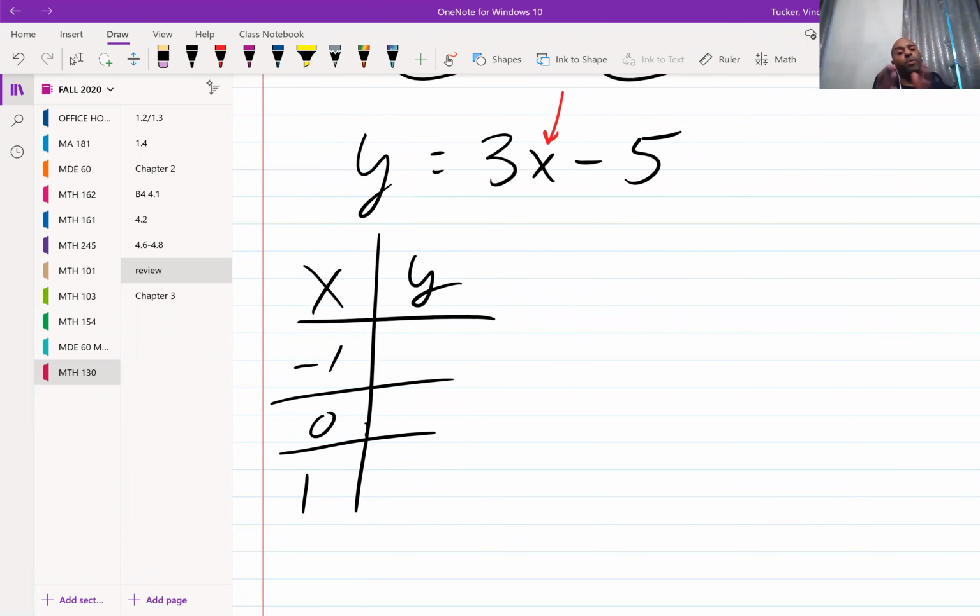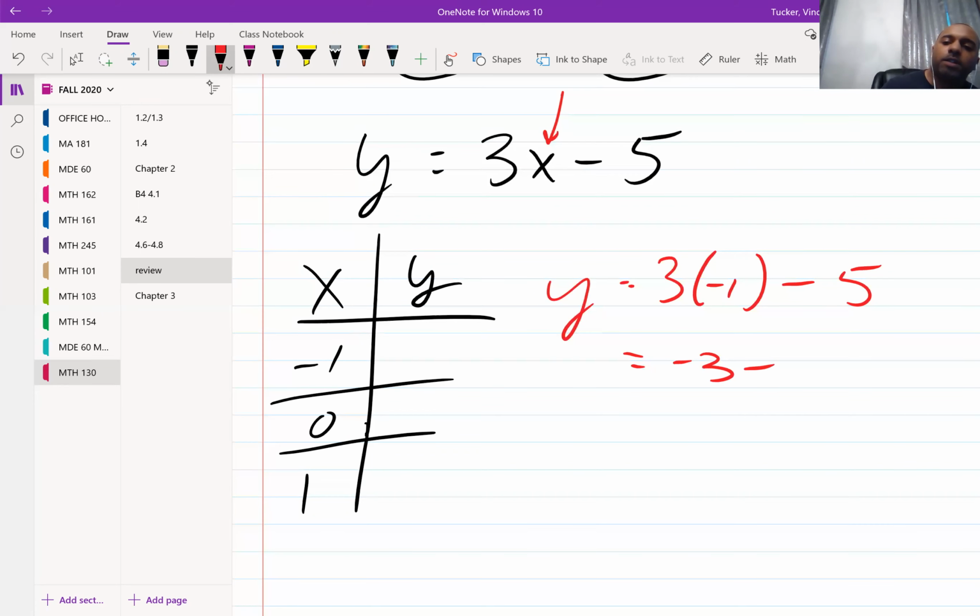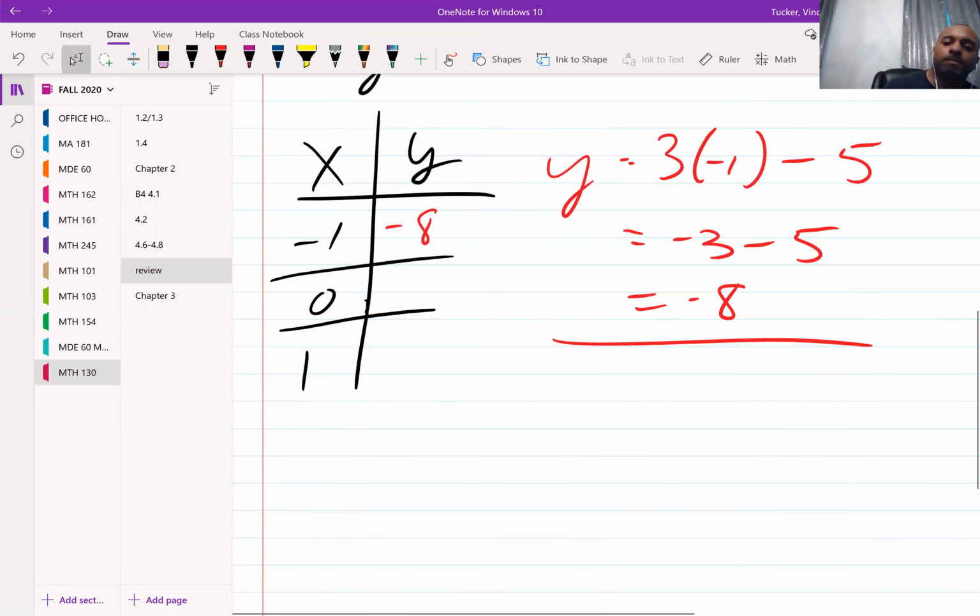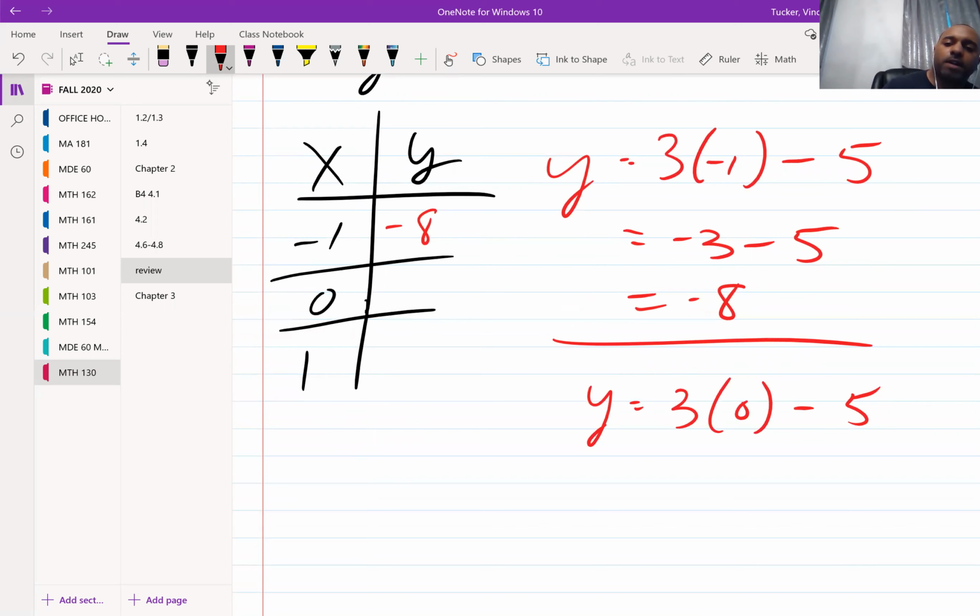So basically, when X is -1, what is Y? So that's what we're going to be doing. So 3 times -1 minus 5. -3 minus 5 is -8. So when X is -1, Y is -8. 3 times 0 minus 5. 0 minus 5 is -5.